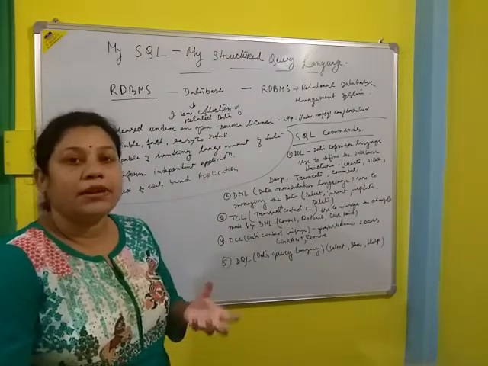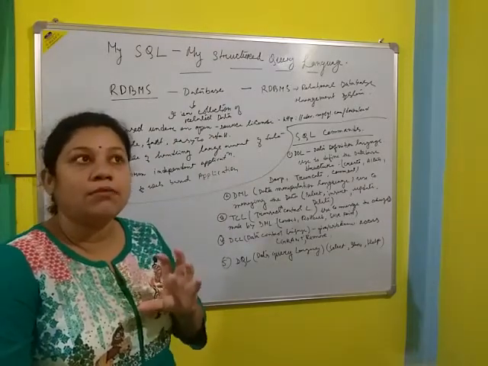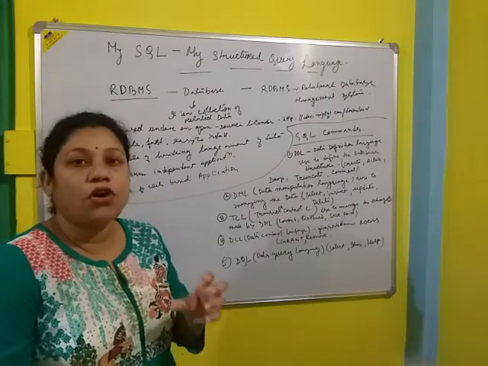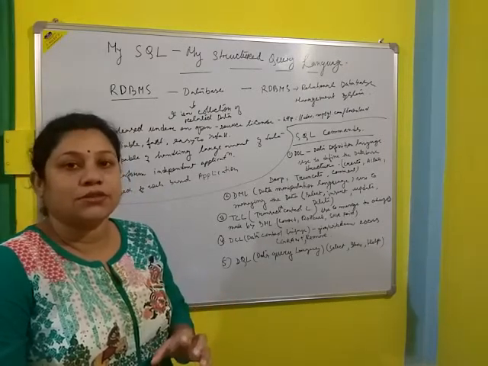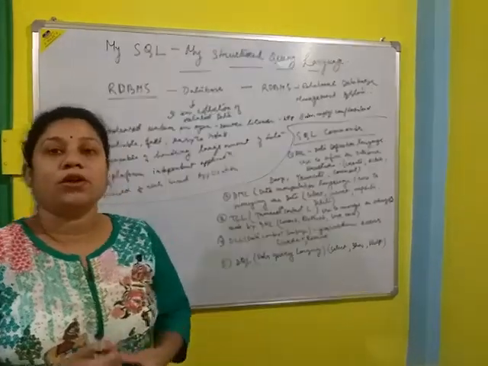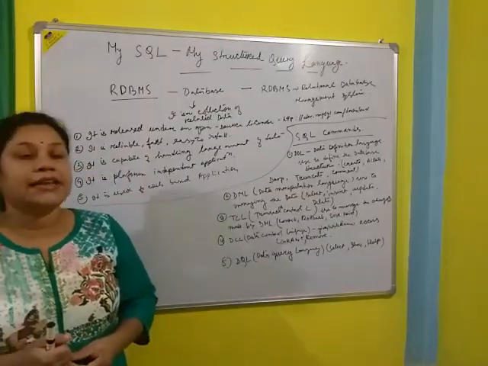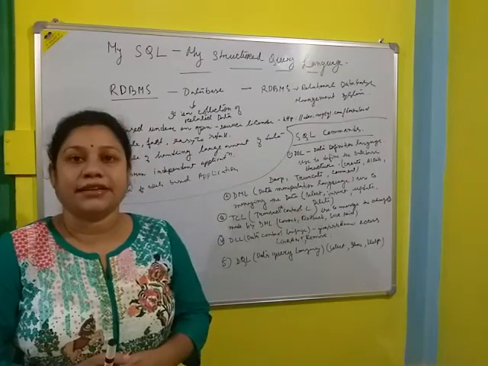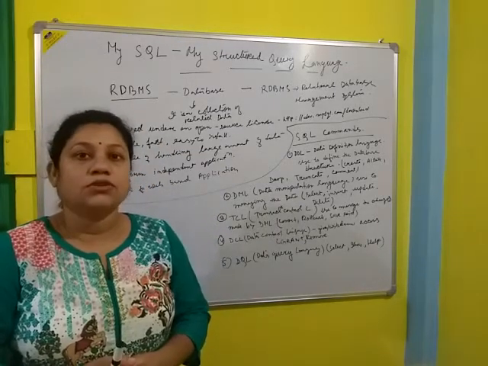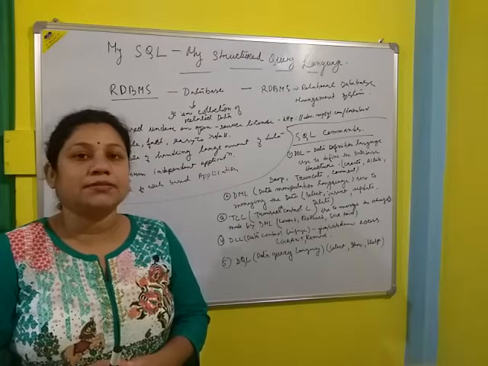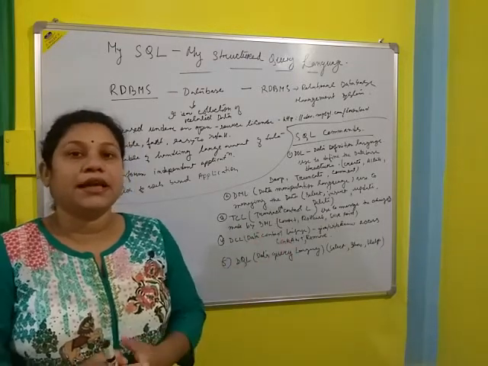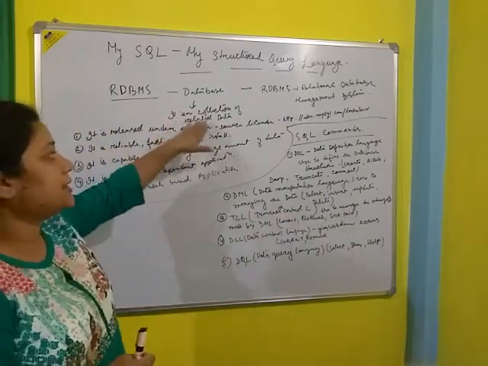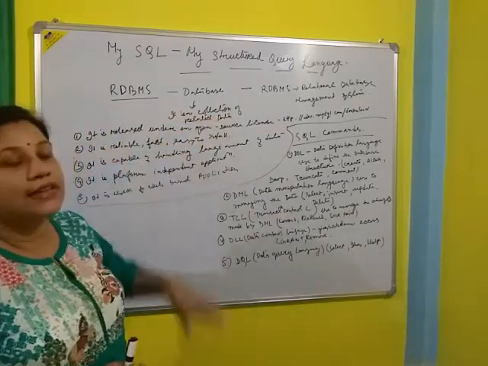That means whenever we group some related data together, it forms a database. One thing all of you remember is that in a database, data must be interrelated. So we can create a database by grouping the interrelated data together. So a database is a collection of related data.